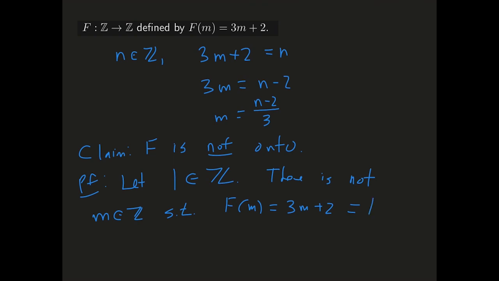There is no integer solution to this, because if there was, it would look like this. 3m equals negative 1, m would be negative 1 over 3, but this is not an integer. And so that's the end of the proof, because I can never find an m in Z that would hit 1 as a target. So this is not an onto function.